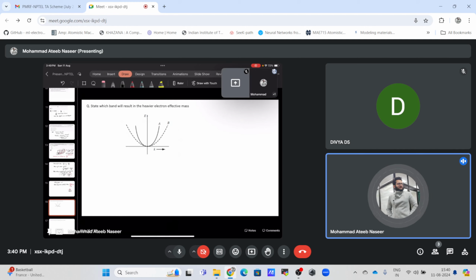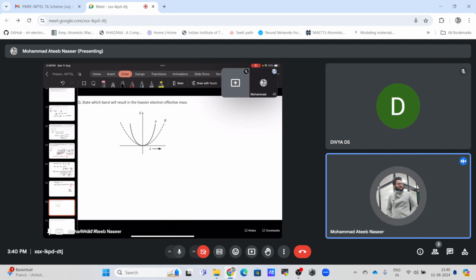This effective mass gives us a rough estimate of the theoretical mobility. Higher the effective mass, lower will be the mobility, because mobility was inversely proportional to the effective mass.